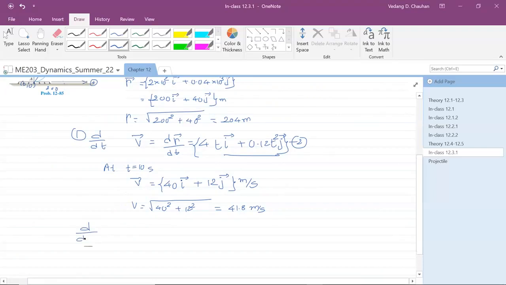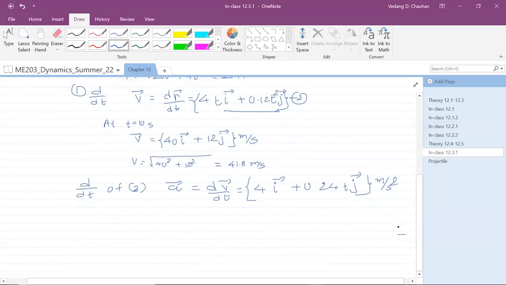Taking d/dt of equation 2, we get acceleration equal to dv/dt, which is equal to 4i plus 0.24t j. Now, one thing you should notice here is that the x component is no longer a function of time. That means it is constant, and the unit is meters per second squared. At t equal to 10 seconds, we need to calculate acceleration.